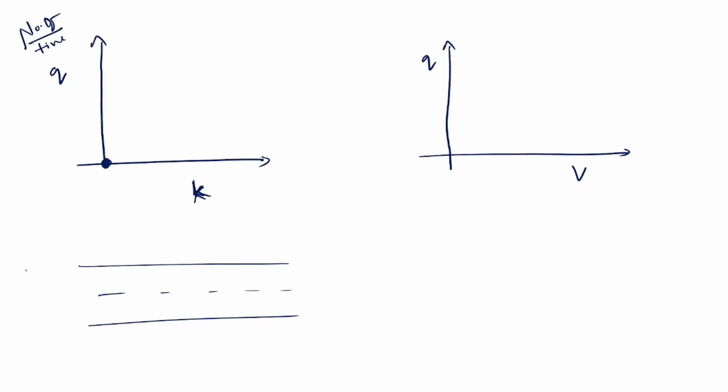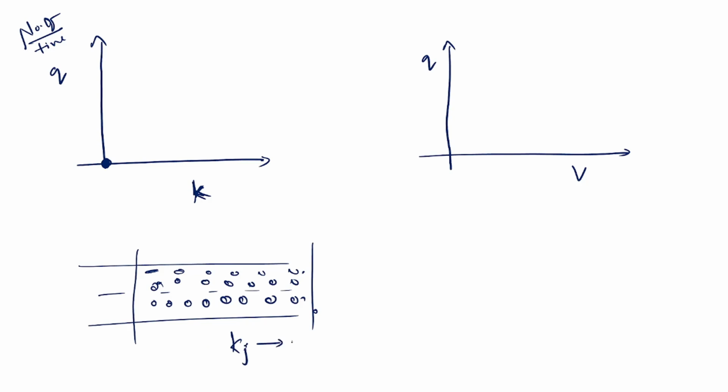Now, when K is maximum, that means jam density. When it is jam density, there are so many vehicles, and we know that vehicles will not move, right? When K is Kj, V tends to 0.